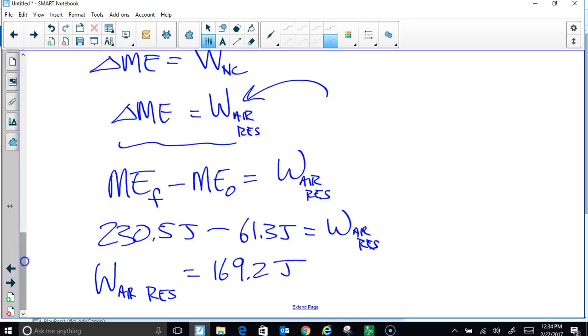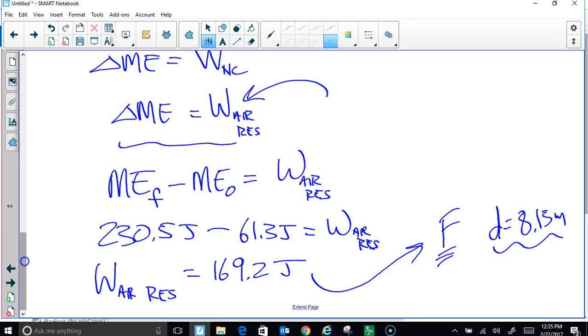That may not be what they asked us, because that's just the work done. I'm guessing here, they might ask me for the actual force, because I think we can figure out the distance. If it moved up 8.15 meters, that would be the displacement of the object. So I'll bet you they ask you for the force. Let's go look and see. I really don't know. I can't recall.